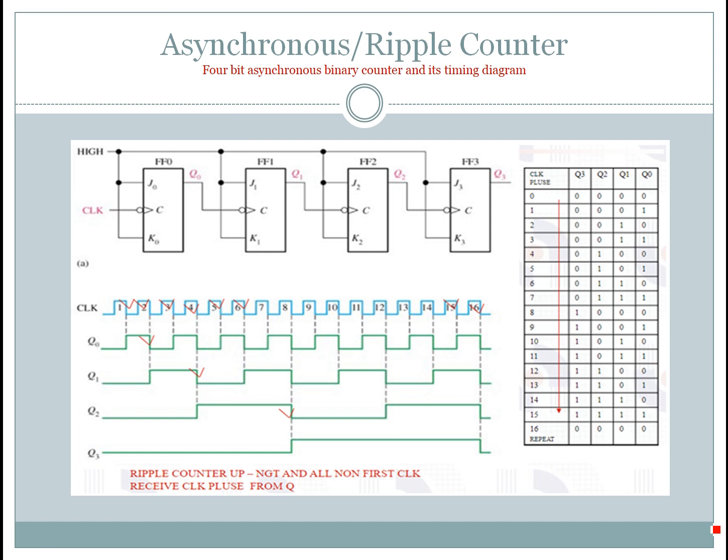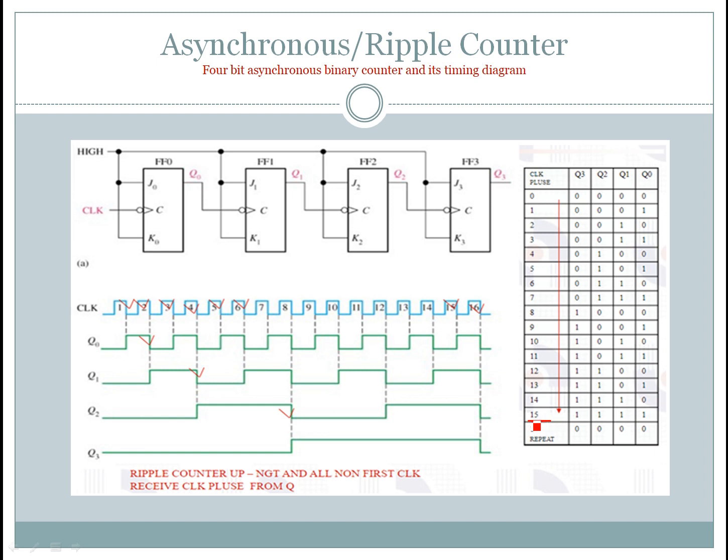So next, 4-bit asynchronous binary counter. The working of the 4-bit asynchronous up counter is similar to 3-bit, but now it's a 4-bit, so it requires 4 flip-flops and the total number of states are 16, that is from 0 0 0 0 to 1 1 1 1, total 16 different states, and 4-bit means 2 to the power of 4 minus 1, that is 16 minus 1, 15 clock pulses required to count all the states.